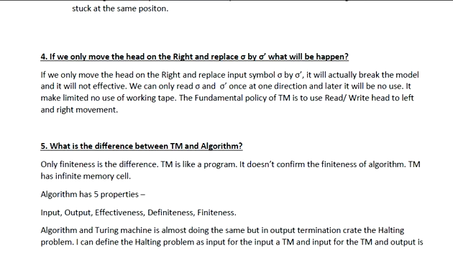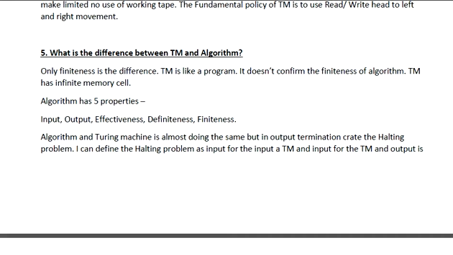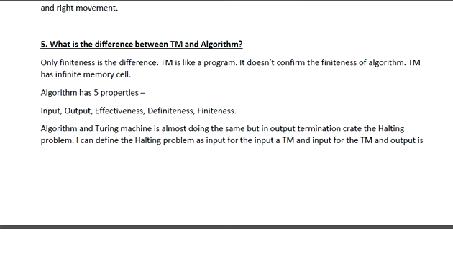Now there is another interesting question. Is the Turing machine an algorithm, or does it fulfill all the properties of an algorithm? In my previous video I already explained that an algorithm has five properties: input, output, effectiveness, definiteness, and finiteness.